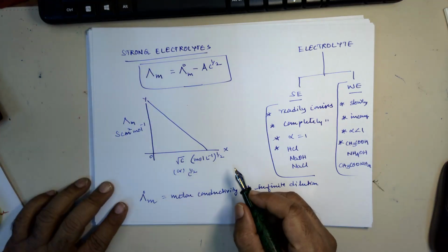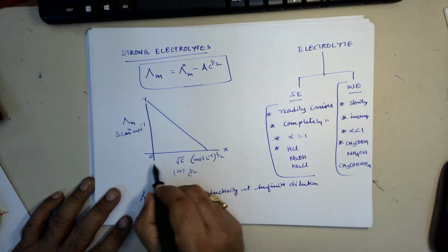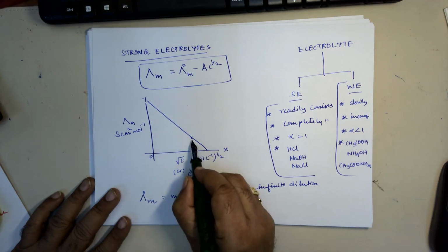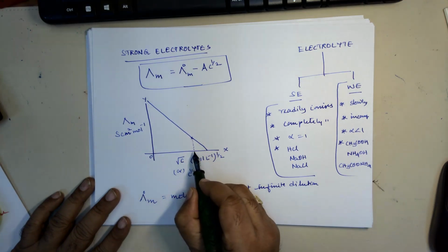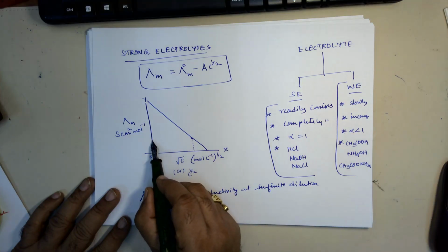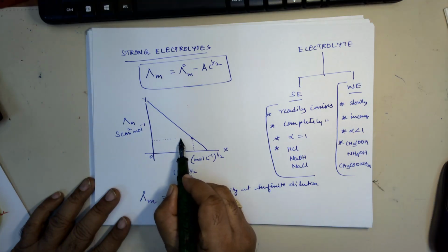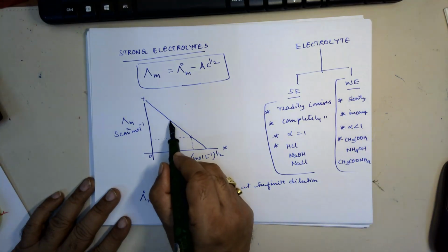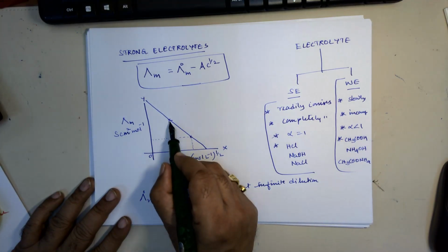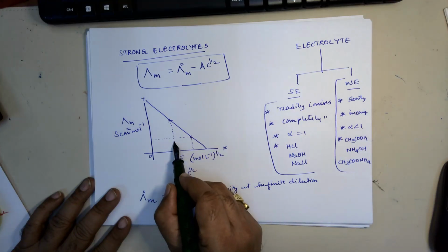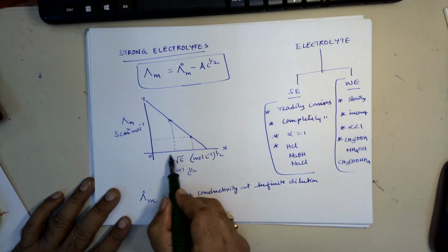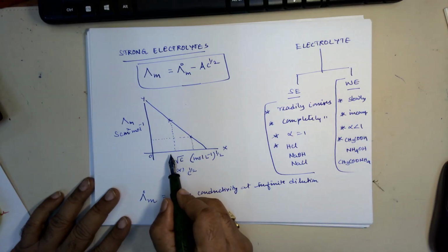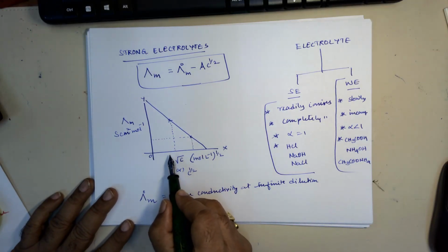So this is called infinite dilution. Here you have a certain slope. You will have a certain concentration, so what is the relevant molar conductivity at a certain concentration? And another point: for this concentration, it has come down to the left, concentration decreases, which means dilution increases, right?